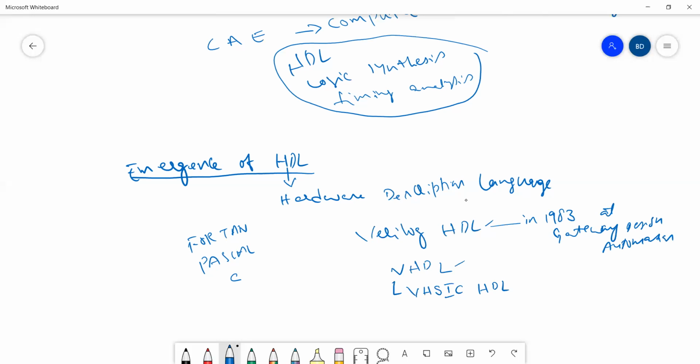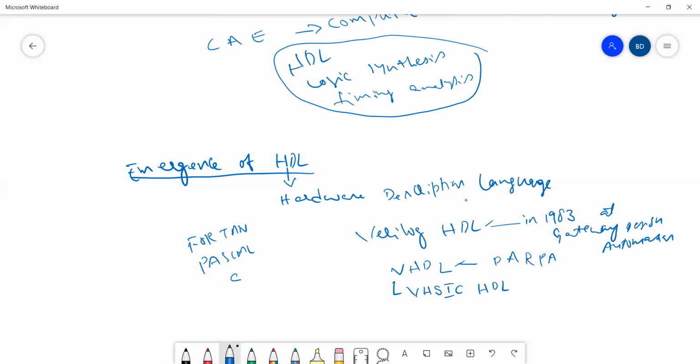Later, VHDL was developed under a contract from the Defense Advanced Research Projects Agency. Both Verilog and VHDL simulators are used to simulate larger digital circuits, and because of this they quickly gained acceptance from the designers.